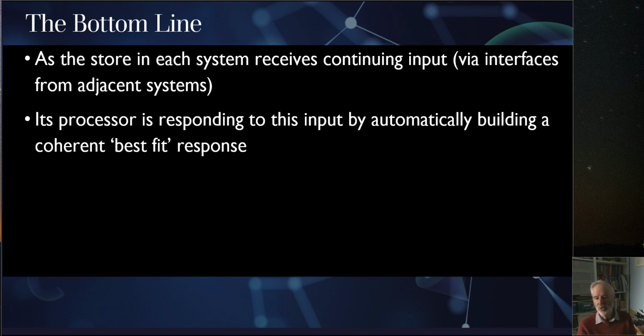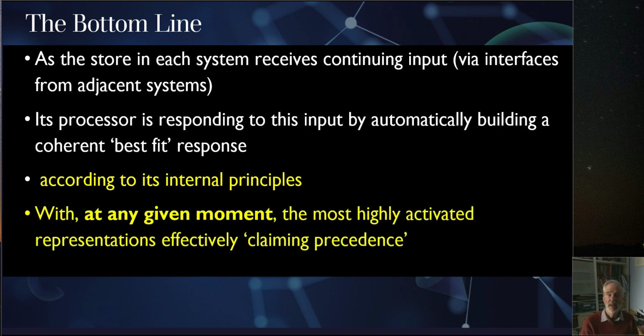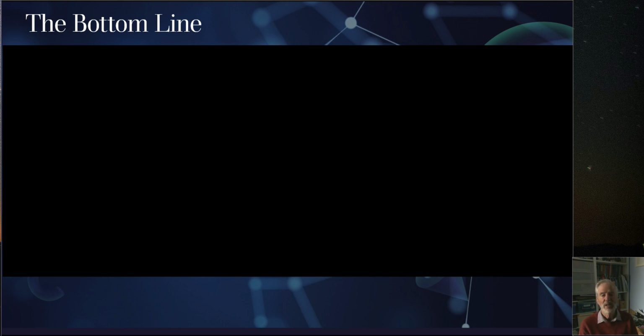But it does its best automatically and according to its own internal principles, each system on each ring having its own internal principles. And as I say, at any given moment, in every microsecond, millisecond, the most highly activated representation is effectively claiming precedence, putting it in a figurative manner.